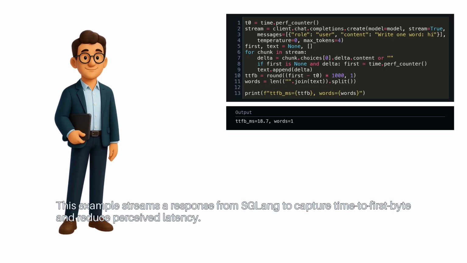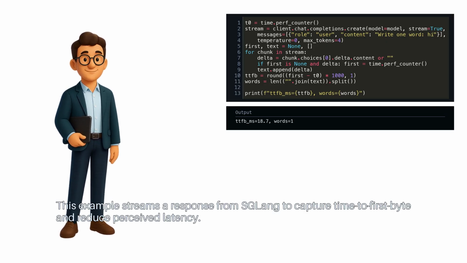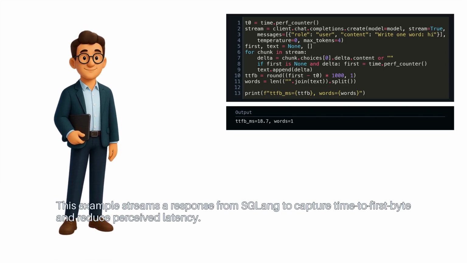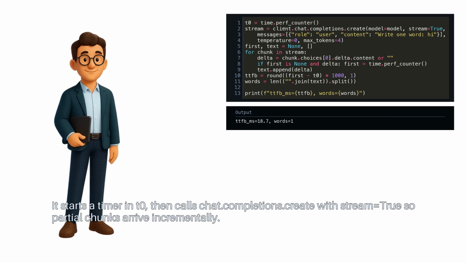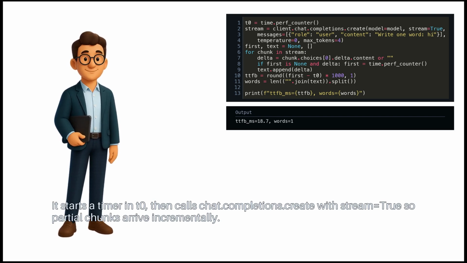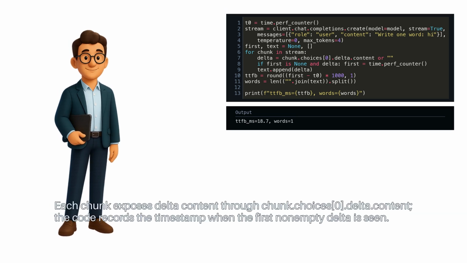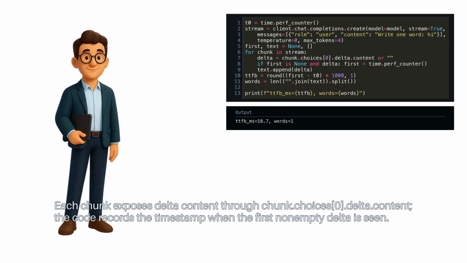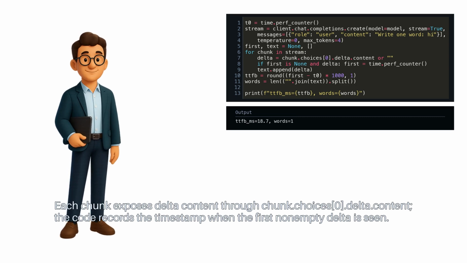This example streams a response from SGLang to capture time-to-first-byte and reduce perceived latency. It starts a timer in t0, then calls chat.completions.create with stream=True, so partial chunks arrive incrementally. Each chunk exposes delta content through chunk.choices[0].delta.content. The code records the timestamp when the first non-empty delta is seen.